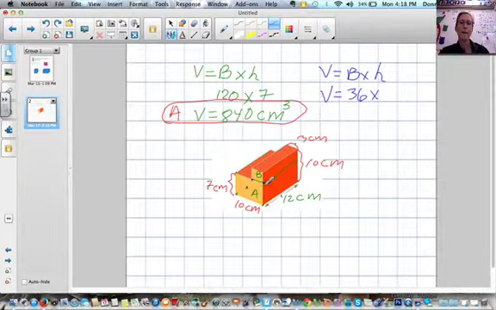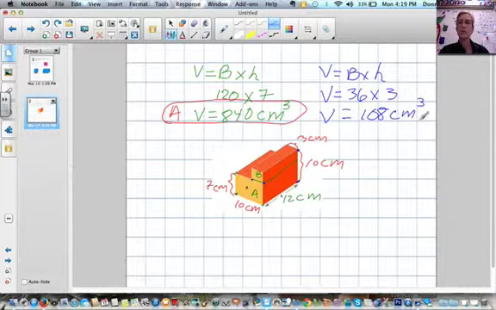How would I figure that out? If I know that from the very top of this whole figure to the very bottom is 10, and I know that from here to here is 7, then this part must be 3. So I'm going to say 36 times 3. The volume of that section is going to be 108 cubic centimeters.